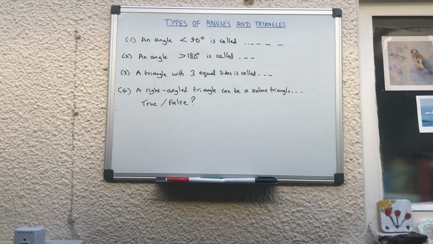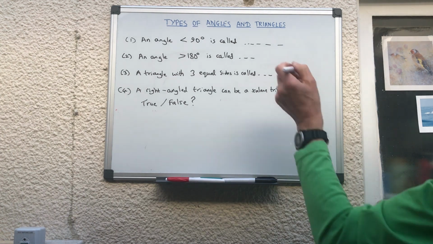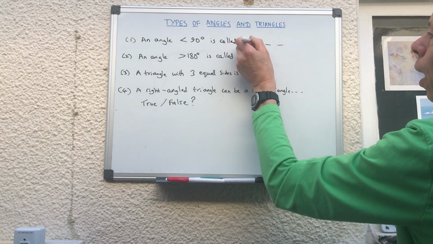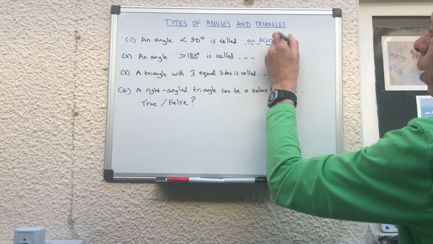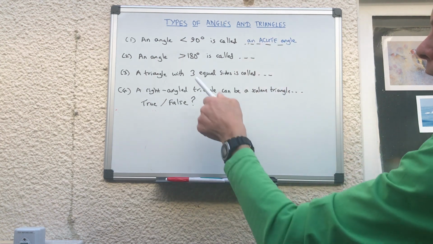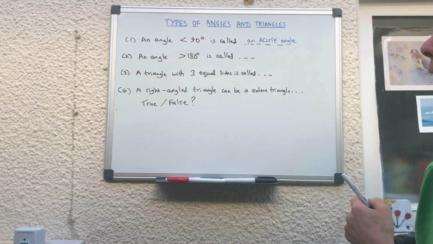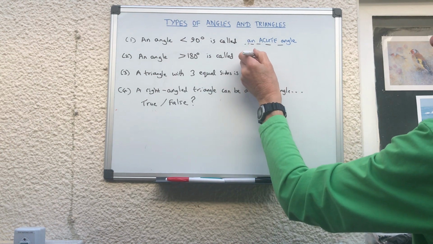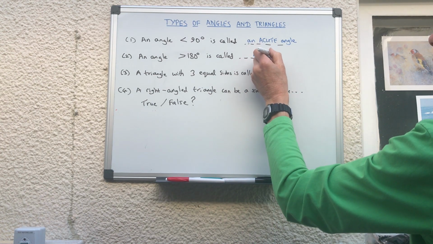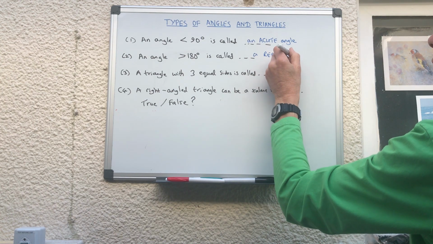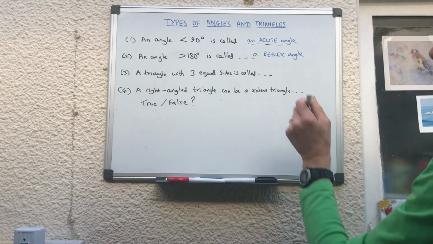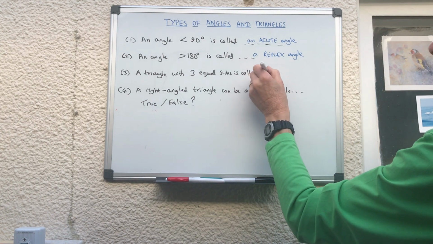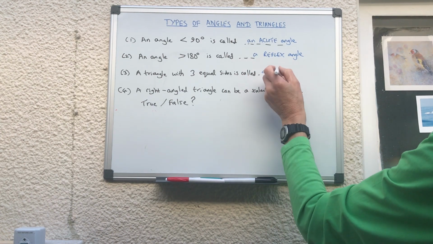Okay, an angle less than 90 degrees, small and cute, so it's known as an acute angle. An angle greater than 180 degrees is called a reflex angle. An angle with 3 equal sides is called a triangle, sorry, not an angle.